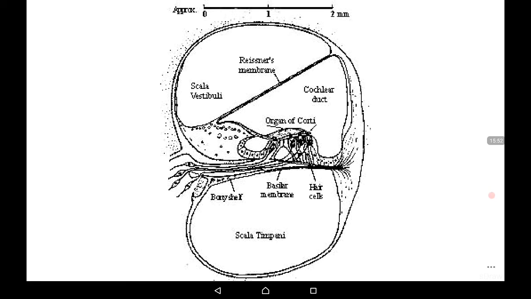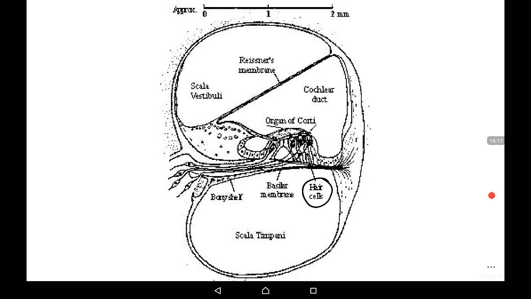This is an enlarged picture of the organ of Corti. I have hair cells here, and the special hair cells are mechanoreceptors, which do produce the acoustic nerve.